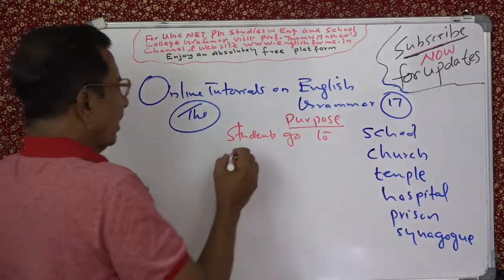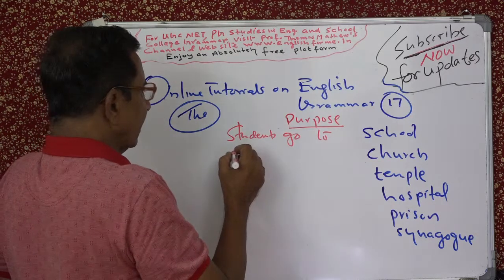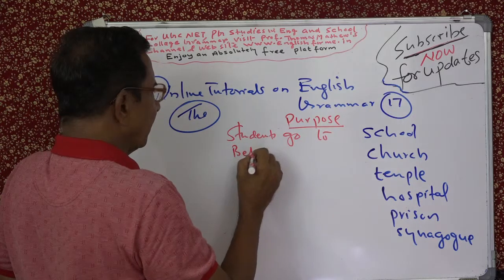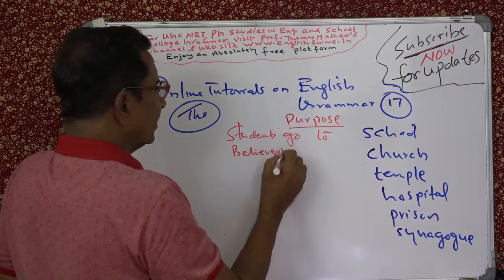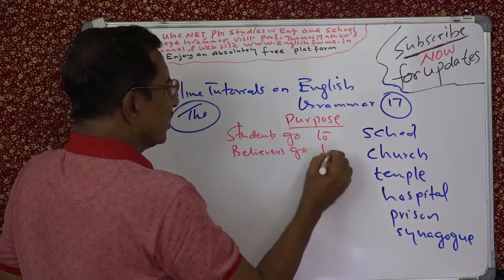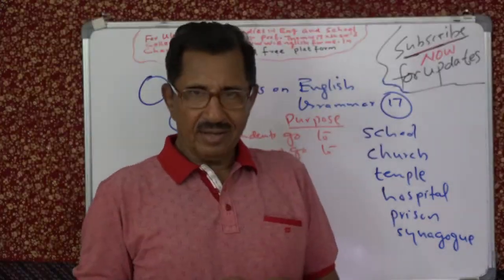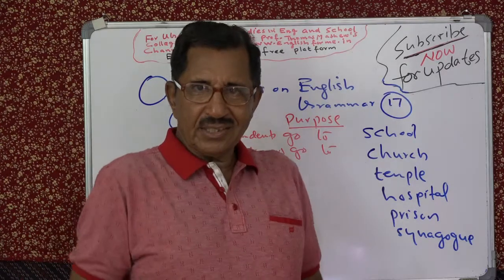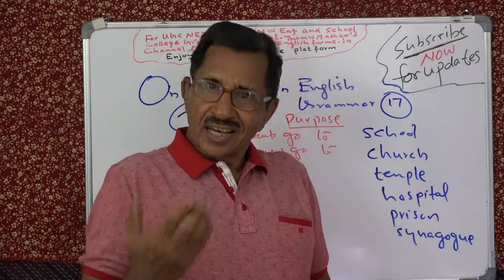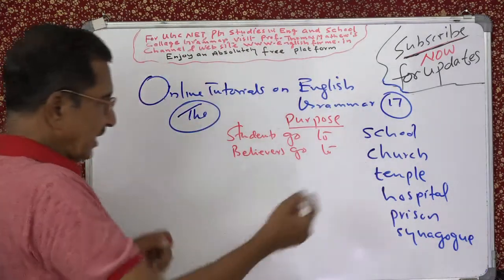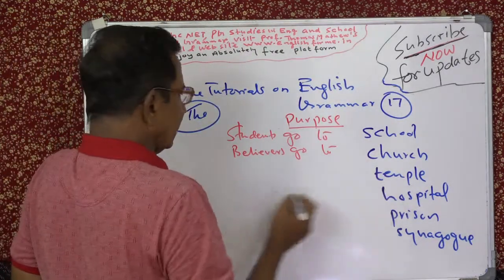Then you say, believers go to church. The purpose for them is to pray. School, the purpose is to learn. Church, to pray. Same. You understand?